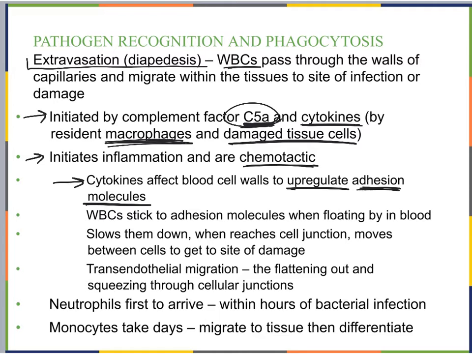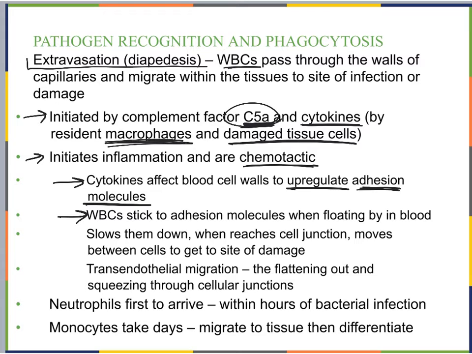So these cytokines that are released by the resident macrophages and those damaged tissue cells are going to move through the tissue. They're going to get to the blood vessels that are close by, those capillaries nearby. It's going to affect those blood vessel walls, so the actual cells of the capillaries, and make them stickier. So upregulating adhesion molecules means that it's going to make those walls of the blood vessels stickier.